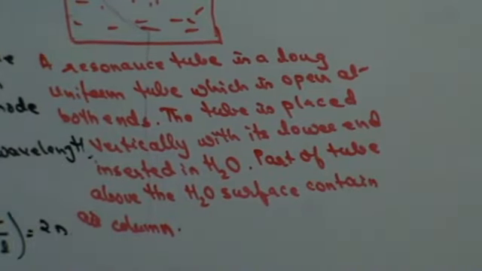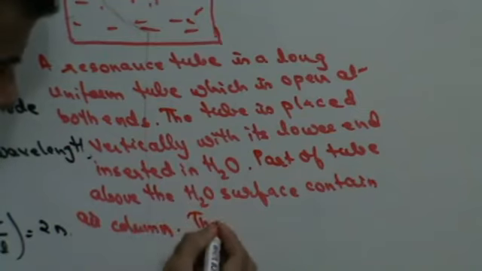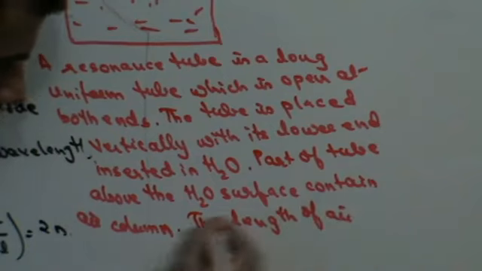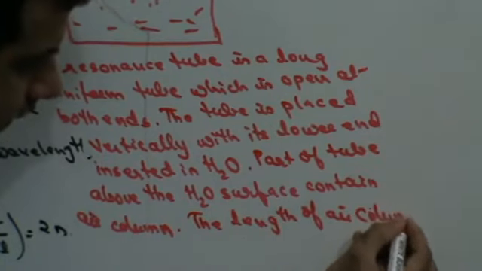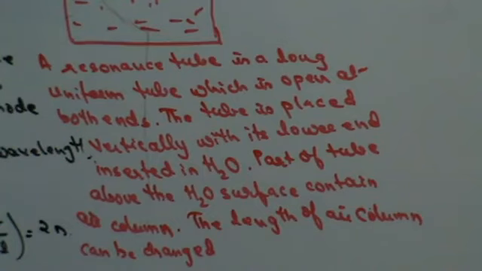You can change the length of the air column at will by just dipping the tube more in water or removing it from water. So the length of the air column can be changed by raising or lowering the tube in water.